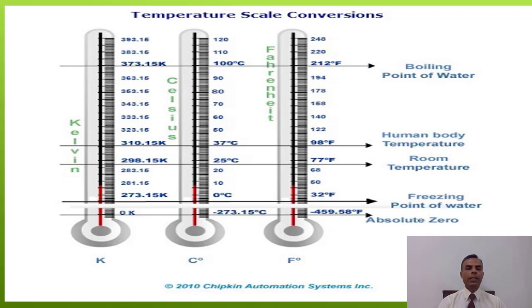The boiling point of water on the Kelvin scale is 373.15 Kelvin, in Celsius it is 100 degree, and in Fahrenheit it is 212 Fahrenheit.